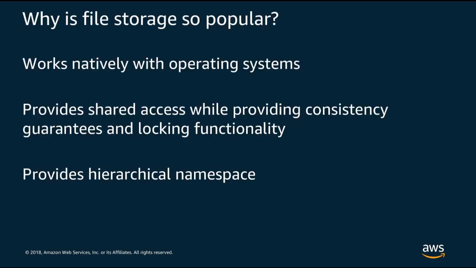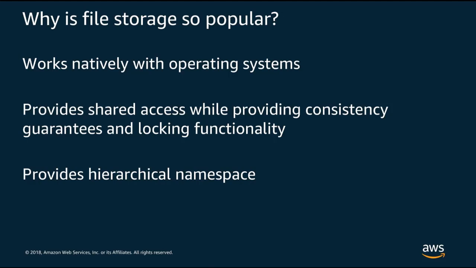Now, why is file storage so popular? Well, first, file storage is popular because it works natively with operating systems. Operating systems are designed around file storage, and file systems are the abstraction used for displaying data to end users, and operating systems provide the file APIs to allow applications to access data. And file storage is popular because it provides shared access while providing consistency guarantees and locking functionality.